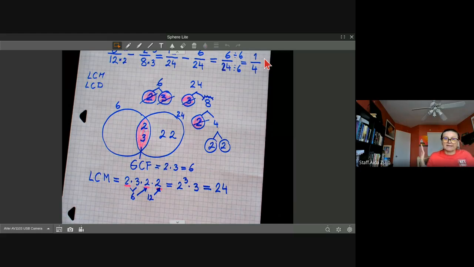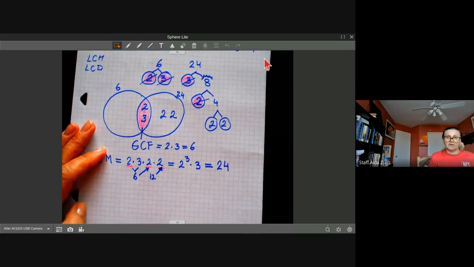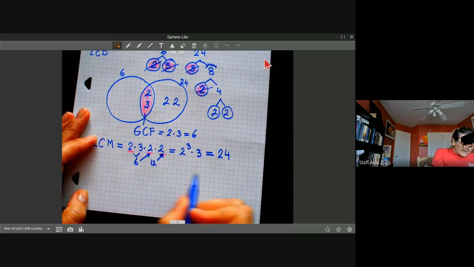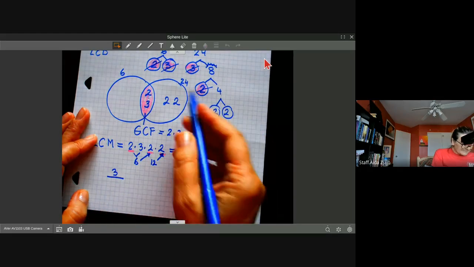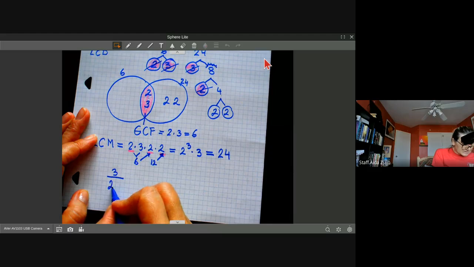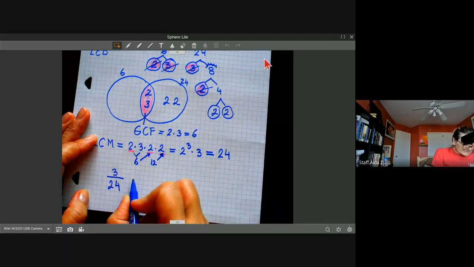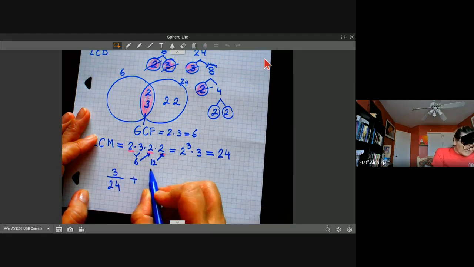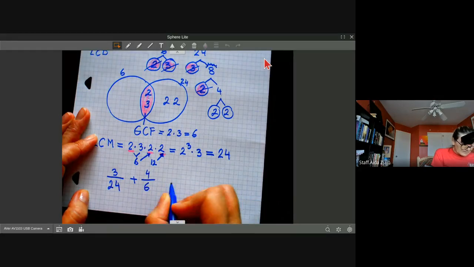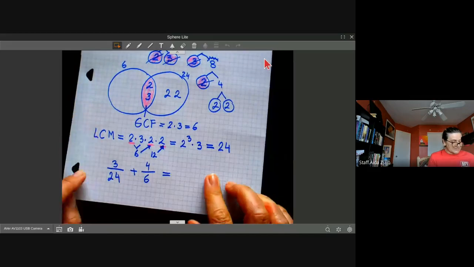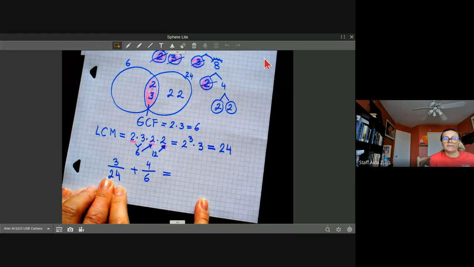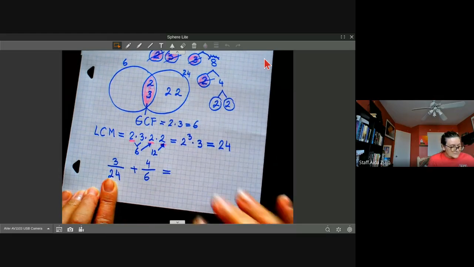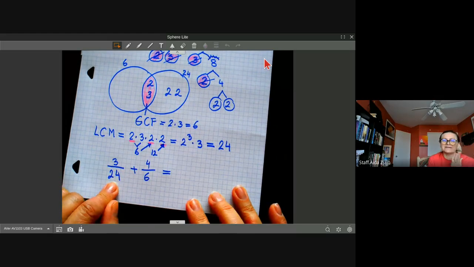So in any case, I can create a problem for you right now. If I need to add 3/24 plus 4/6. You can see that the least common denominator is 24, and the 3/24 is already there.